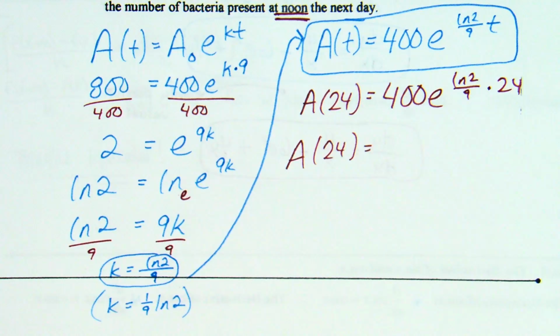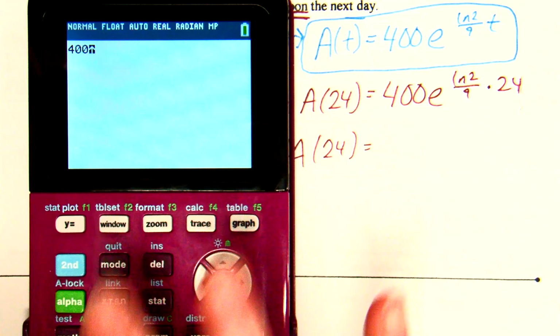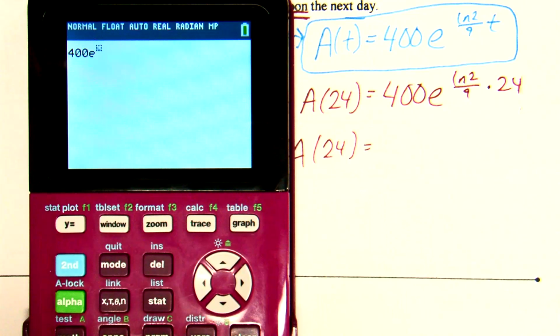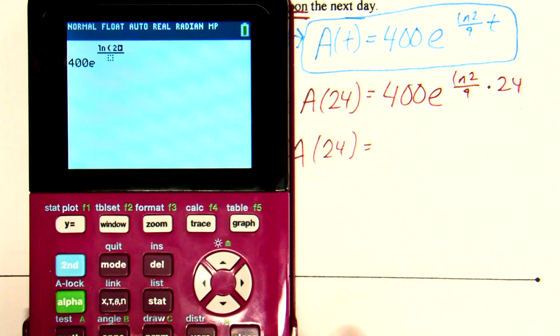I don't know about you, but I've hit a definite calculator point. So 400 E to the natural log 2 over 9 times 24. Not the best notation. Probably should have changed that notation, but if you've entered it a correct way in your calculator, your answer should match my answer. Yes.